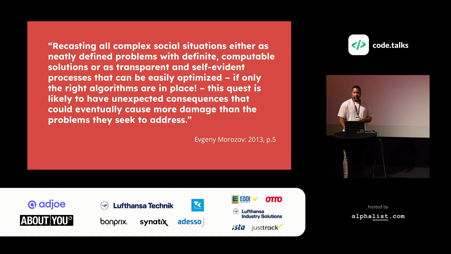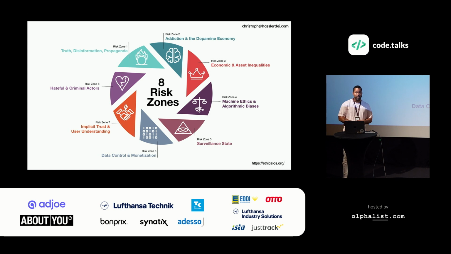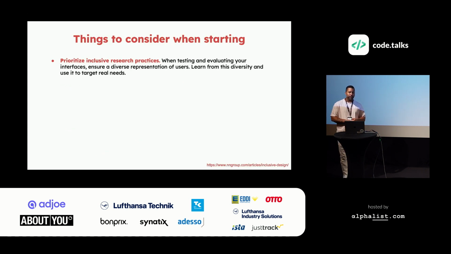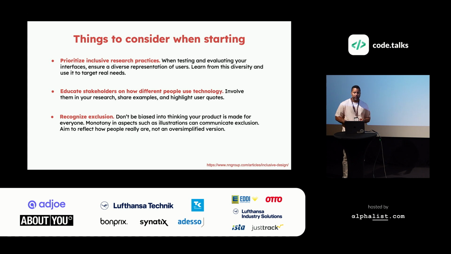If such access to people on the ground is not readily available, I would advise you to check out responsible tech frameworks like the Ethical OS. There are a lot of good systems out there that might be able to help you. Or if you want to start with inclusive design, here are some points from the Nielsen Norman Group.